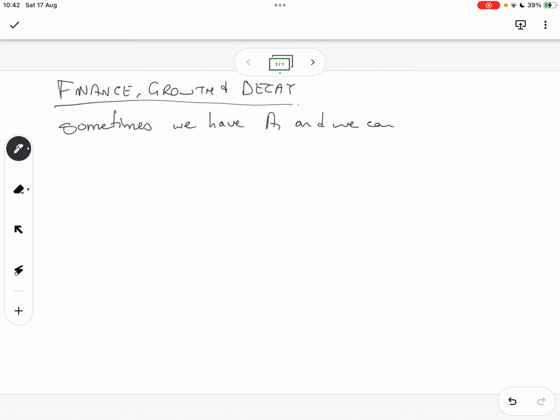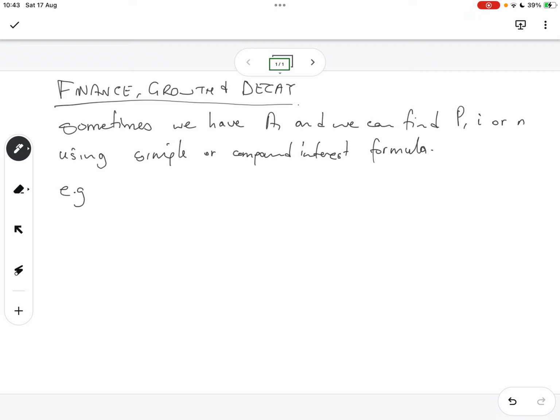Sometimes we have A, and we can find P, I, or N using the simple or compound interest formula.